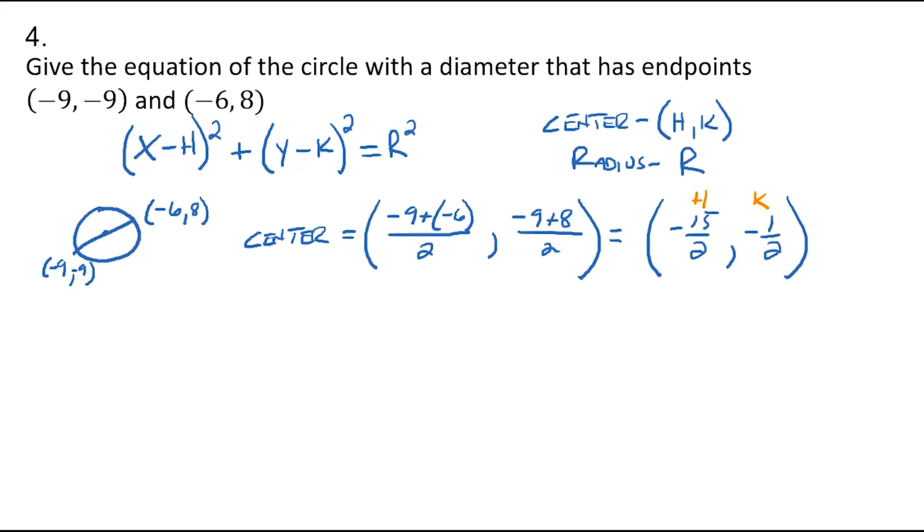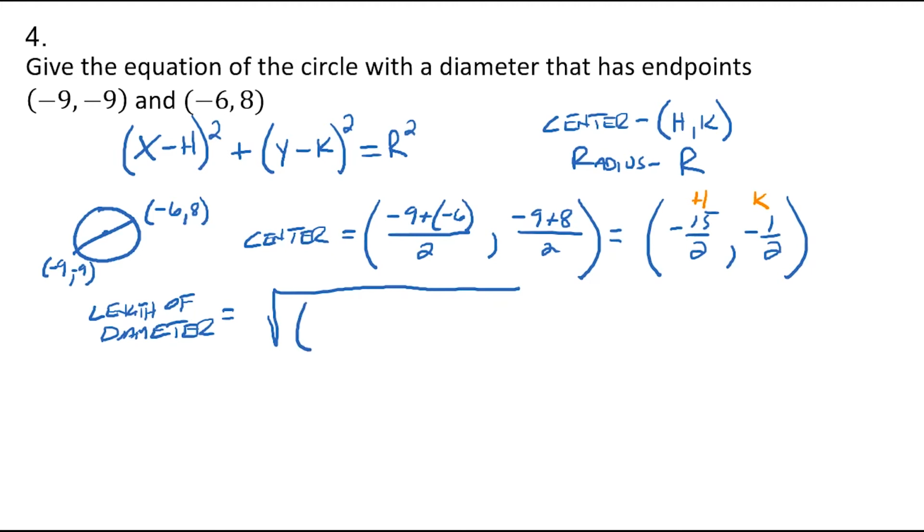Next, we need to figure out what our radius is. So the radius is just half of the diameter. So let's calculate the length of the diameter. We have the distance formula here.